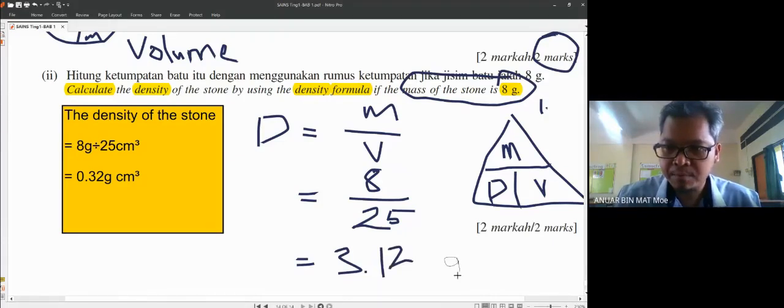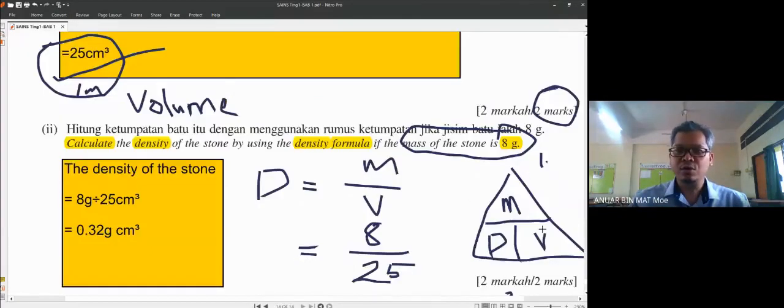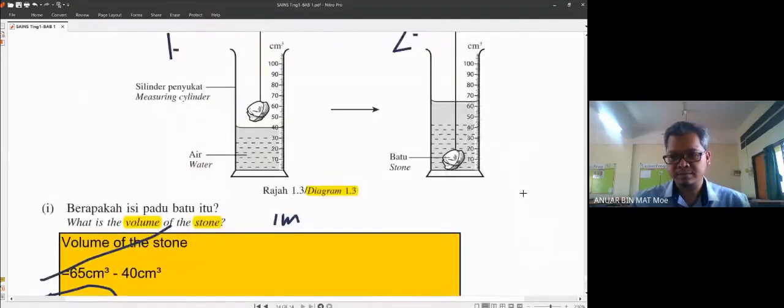Gram per centimeter cubic. Is it true? The answer is 3.1. Because why? Do you know the density of water?